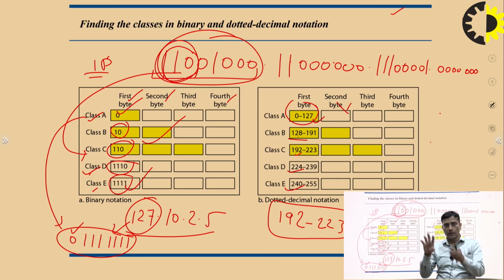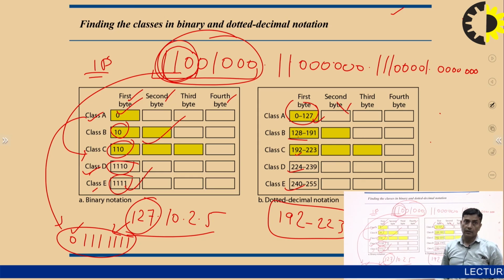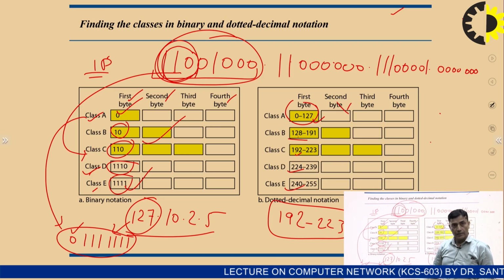One subnet for the CSE department, one for IT, one for EC, one for the library, another for accounts. This concept is known as subnetting. So in classful subnetting, you should have a clear idea about these classes. Then only can you subnet. Otherwise, you cannot divide.